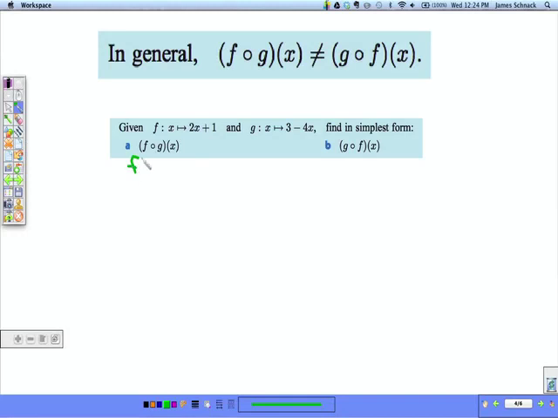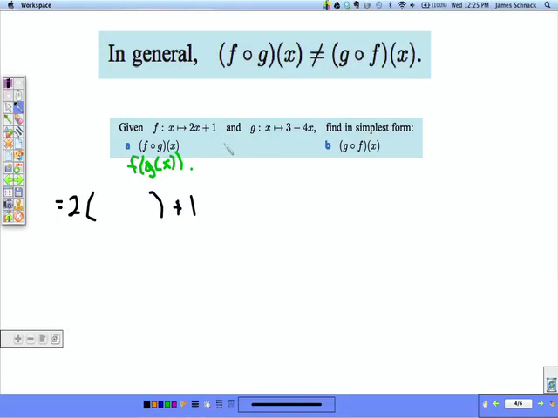Remember, another way to write this is like that. So what I'm going to do algebraically, I'm going to start with this outermost thing, and I'm going to leave empty spaces so that g can drop its output into it. So f says take 2 times whatever gets put into it and then add 1.